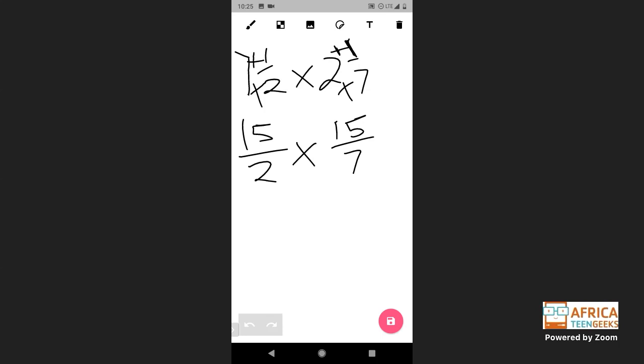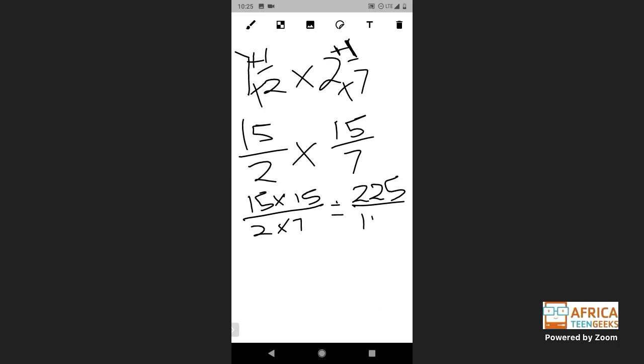So here, guys, we will multiply this as usual. We will say 15 multiplied by 15. And then we'll have 2 multiplied by 7, which is 14.